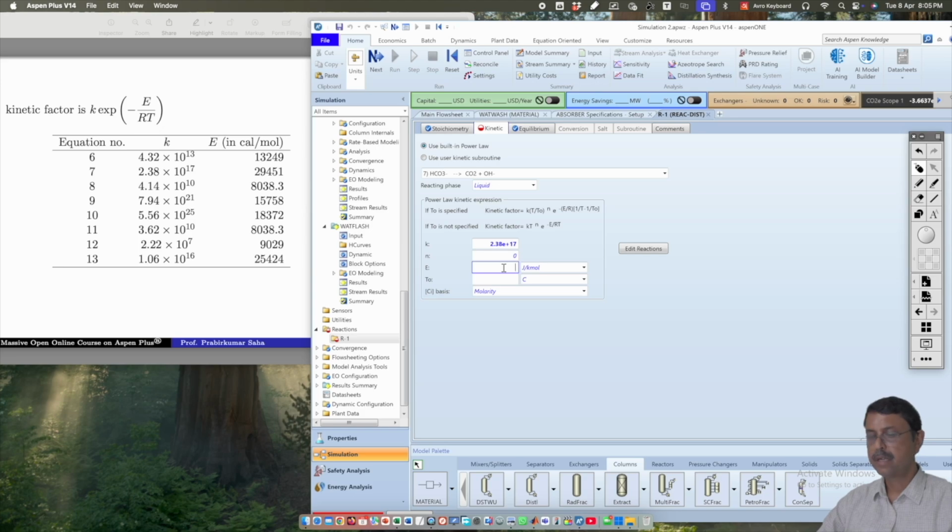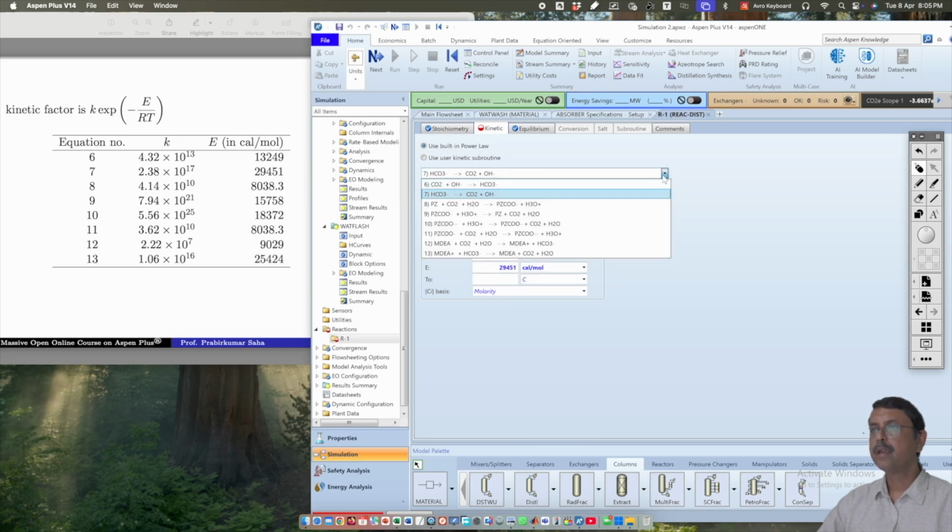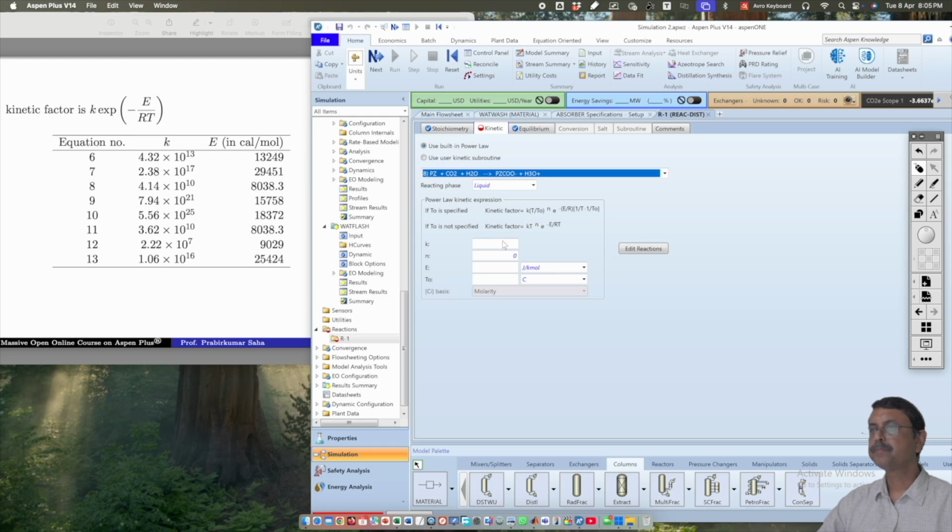And activation energy 29451 calorie per mole. Eighth reaction 4.14 E10, 8038.3 calorie per mole.